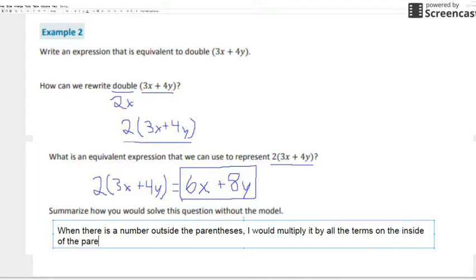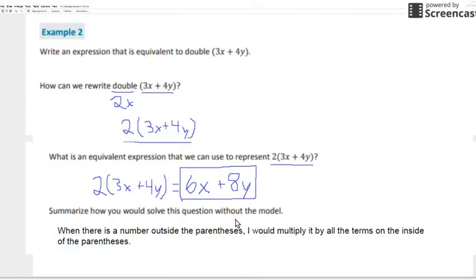That's what I did. I took the outside term, in this case the outside number, and multiplied it by both terms on the inside. Remember, 2 times 3x is just 6x. 2 times 4y is 8y. All right, so that's a summarization of what we did. We didn't use the model. We skipped that portion because we did it before.